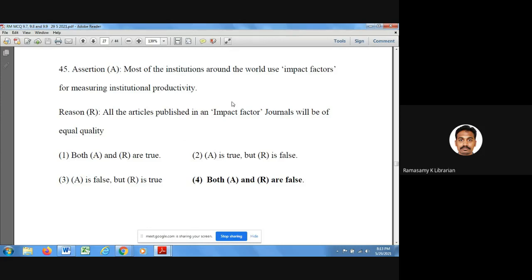We are using only H index for measuring the performance of institutions. Impact factor is used only for journals. So A is wrong. All articles published in an impact factor journal will be of equal quality. So we cannot say so. There will always be variations in the quality of articles published in impact factor journals. So both A and R are false.